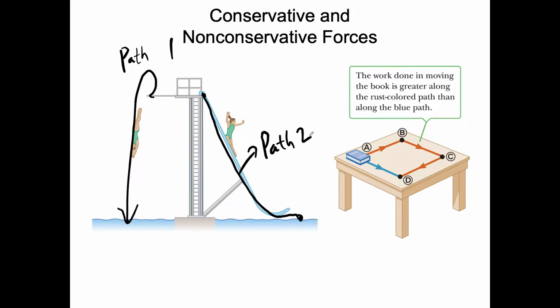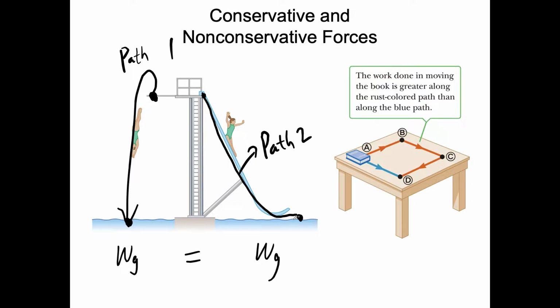The work done by gravity in these two different paths would be the same. So the work done by gravity in those two scenarios is equal. So gravity is a conservative force because the work done by gravity only depends on the starting position and end position, independent of the path of the object.